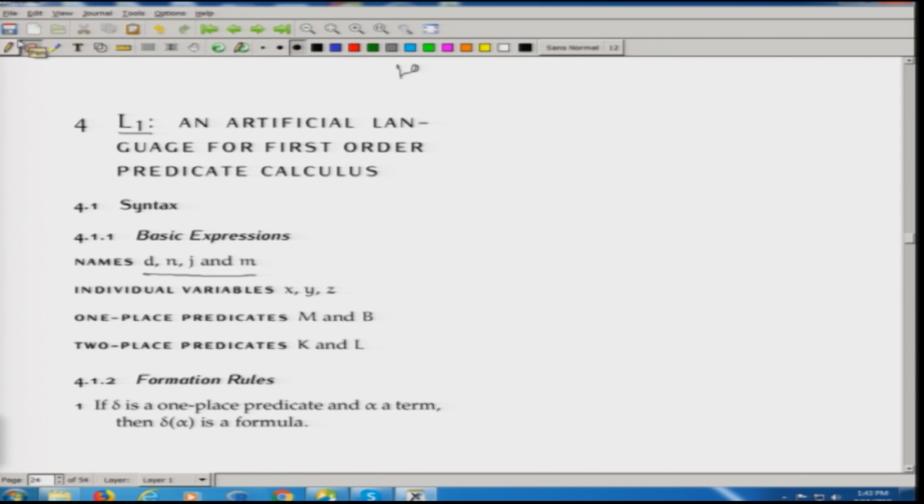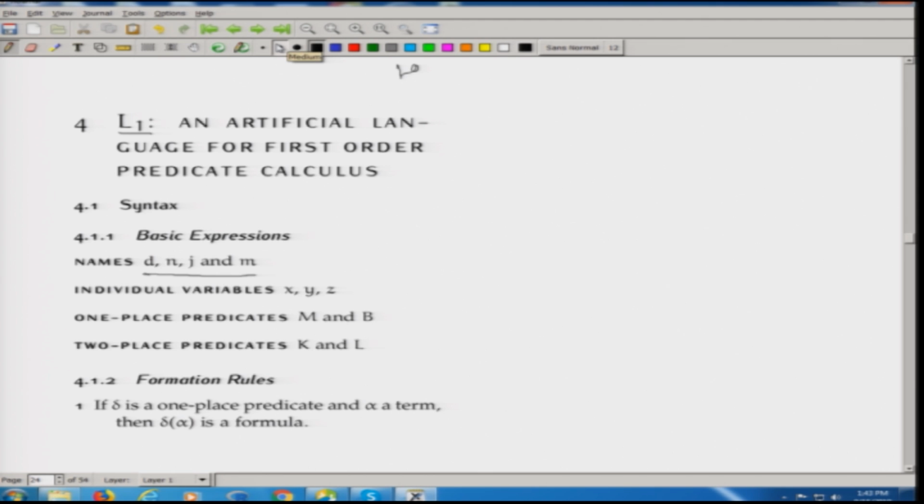Ideally, we should have an individual supply of variables, V1, V2, V3 through Vn, which is, as I said, an infinite supply, but then it will be inconvenient and more complex than it is now.